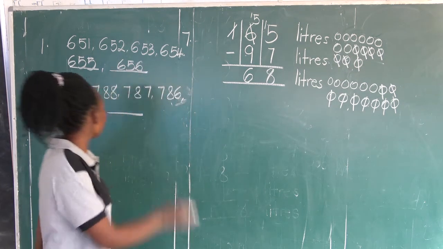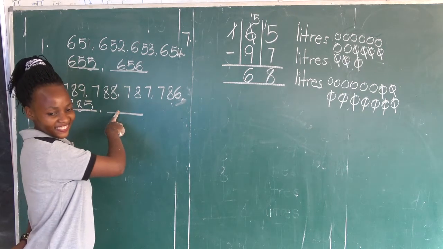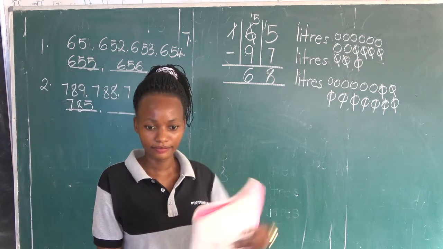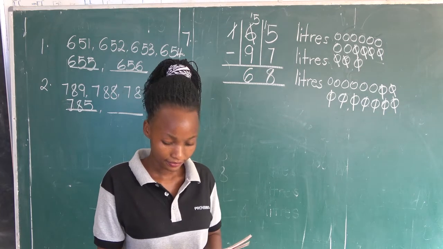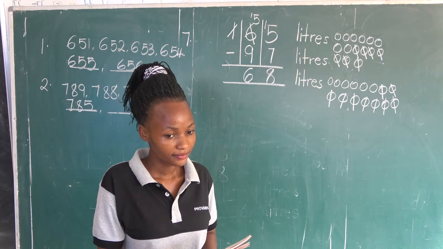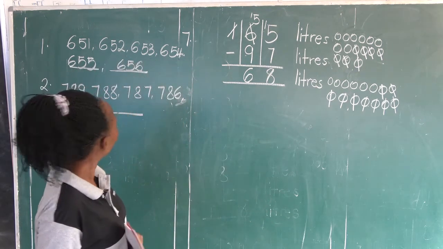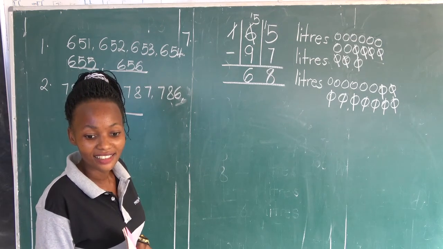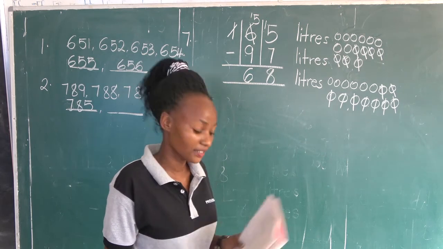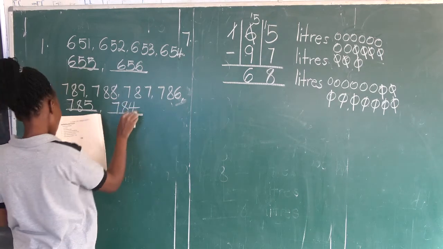Yes, Kiara, which number is the next one here? Okay. Marije? The answer is 784. 784. Thank you so much.